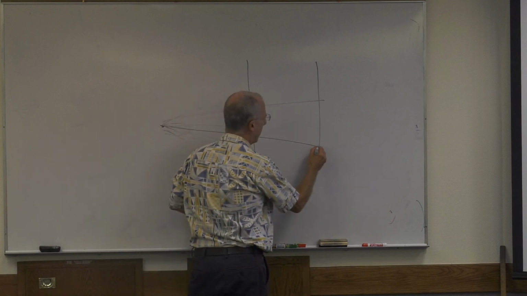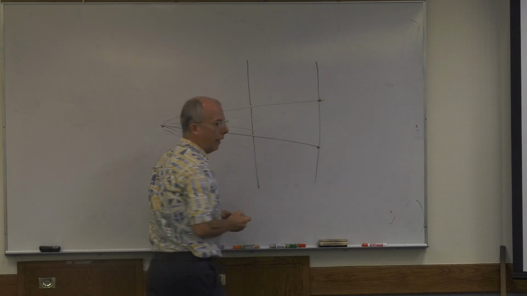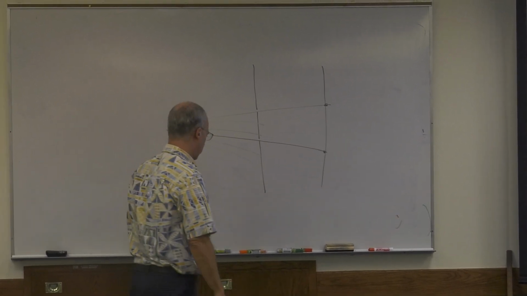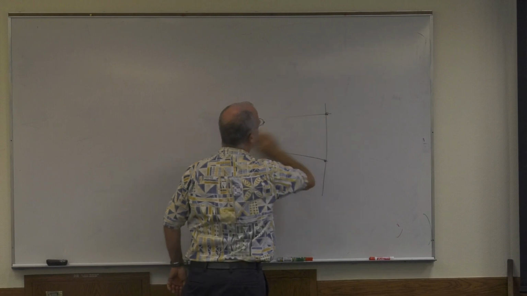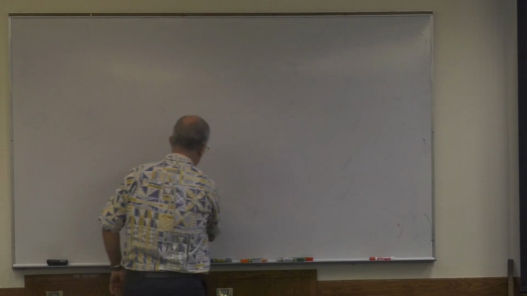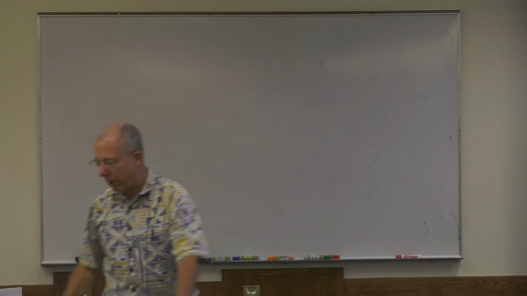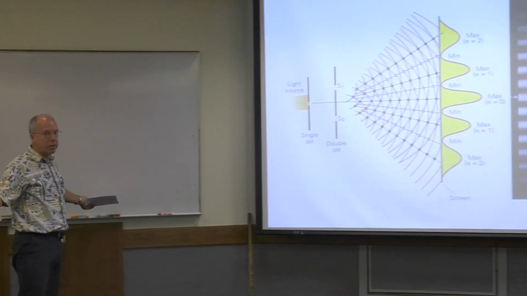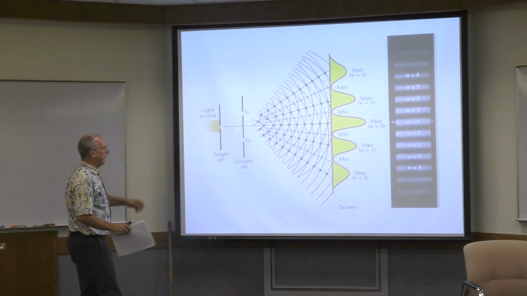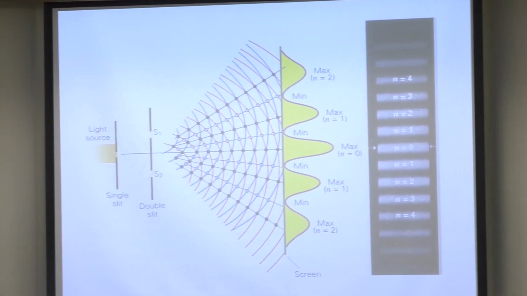You'd see one bright spot there, one bright spot there, if light was made out of particles. We didn't see that. We saw dark light, dark light, dark light. We saw an interference pattern, which is what we studied in chapter 17. Ta-da! That's what we saw, right? So there it is, okay?